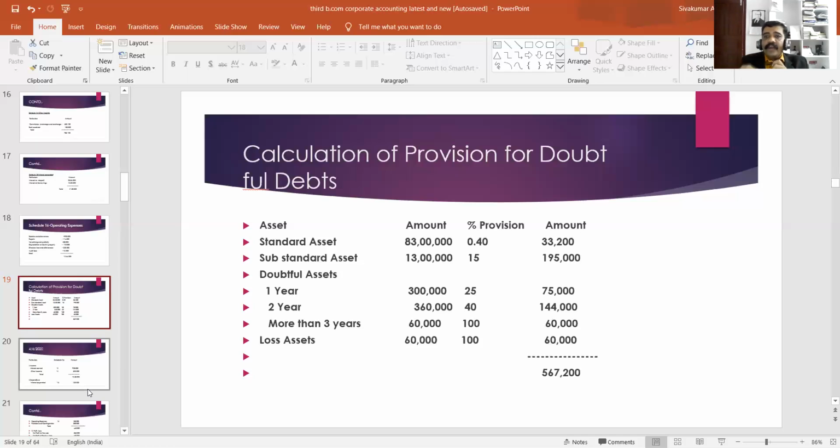And please include 15% of the amount of that substandard asset as provision.